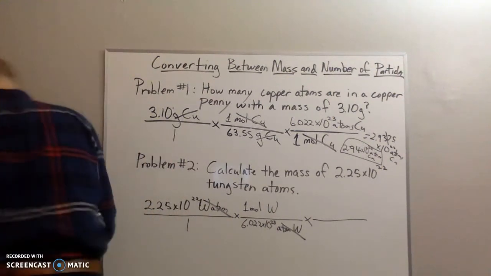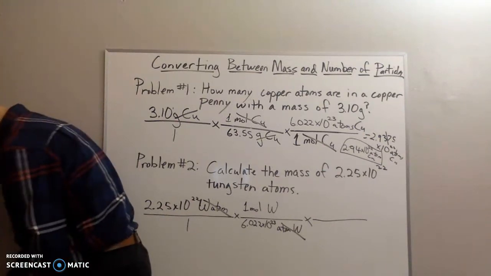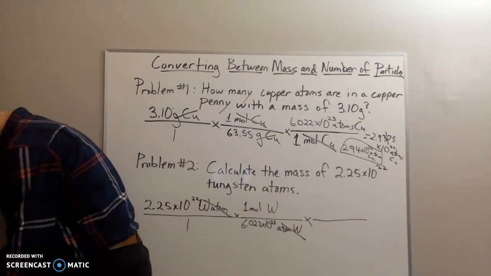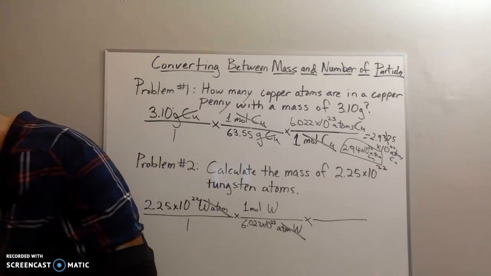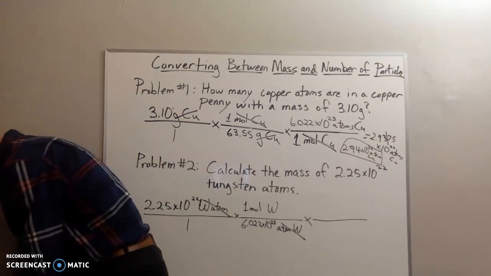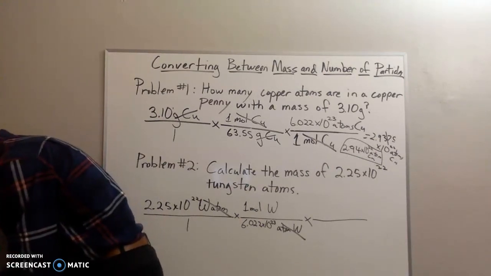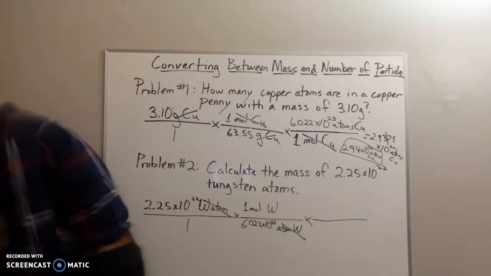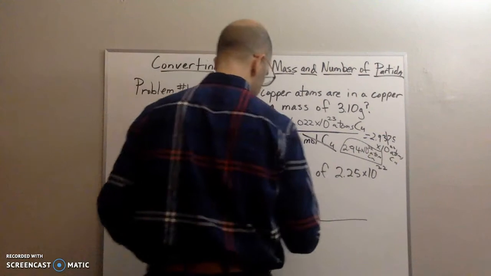So I'm going to look up tungsten in my periodic table. Where are you, tungsten? Looking for a capital W. I know you're somewhere. Oh, there you are, number 74, 183.84.